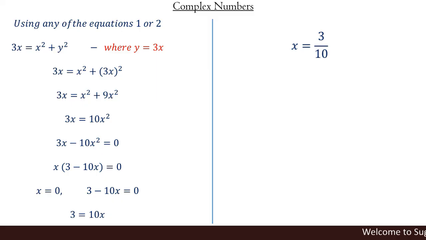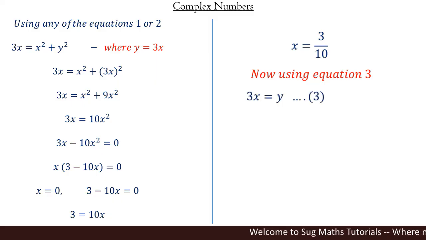From here, we have gotten the value of x. Now from here, we can use equation 3 to find the value of y, where we have gotten x. Equation 3 said 3x is equal to y, where x is equal to 3 all over 10.